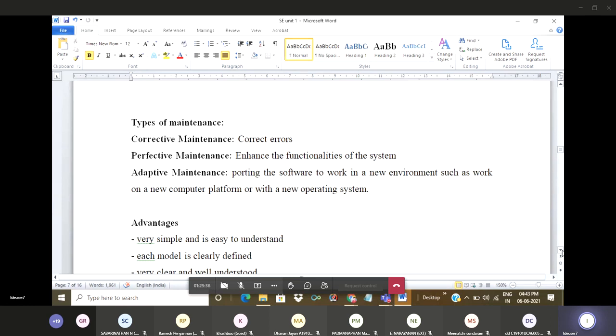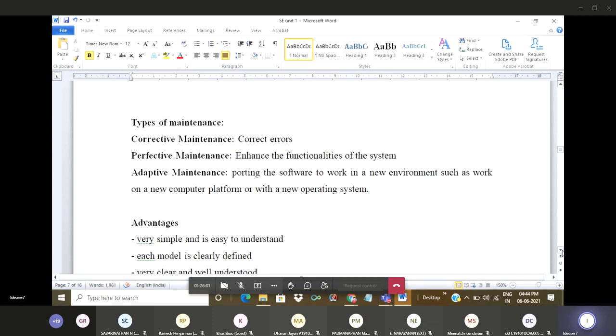Then adaptive maintenance, which is porting the software to a new environment. If you are using an old environment, we can change to a new environment. So these are the types of maintenance. Corrective maintenance is correcting any errors in the project.